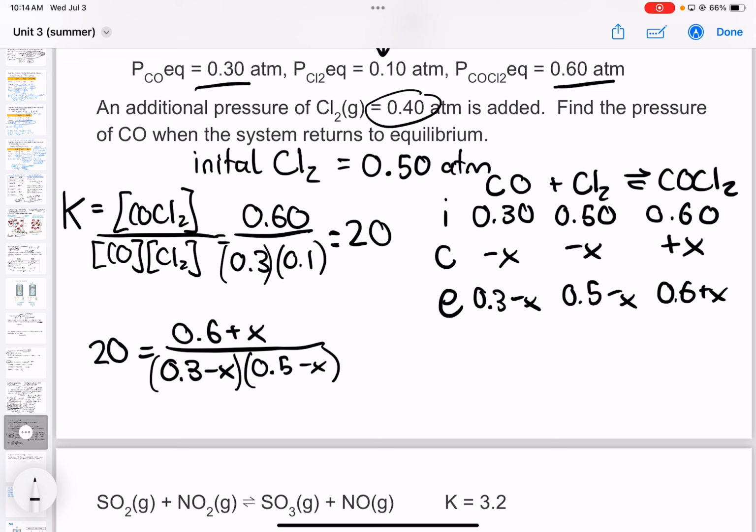It's just huge. So we're gonna have to solve this out. So feel free if you want to step along with me to do the foiling.